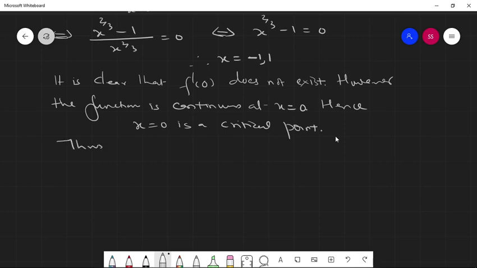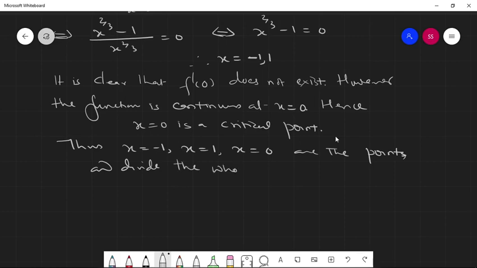Thus, x equal to minus 1, x equal to plus 1, and 0 are the points, and they divide the whole real line into 4 parts.